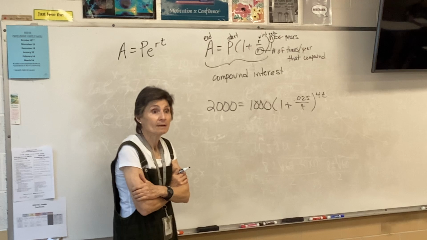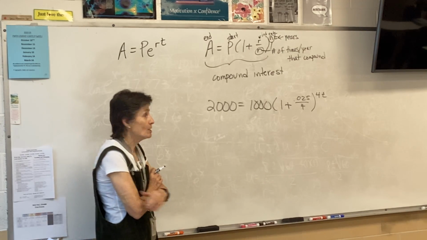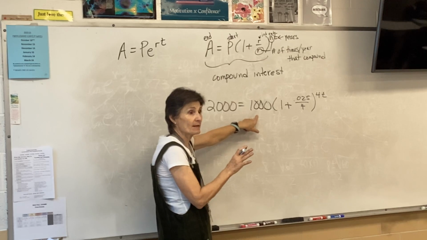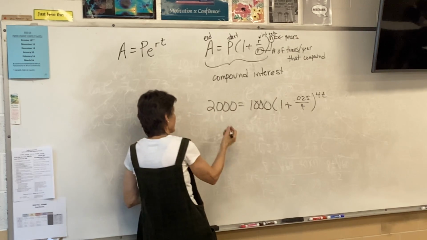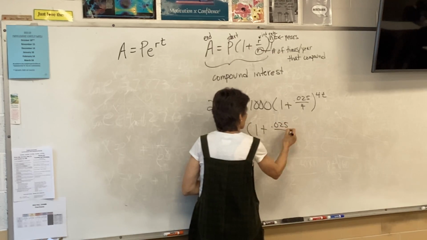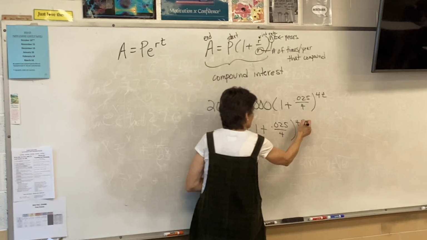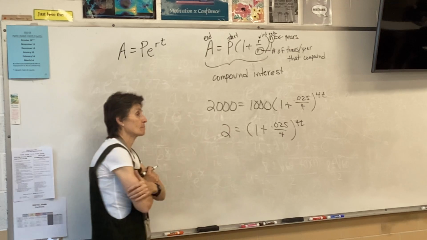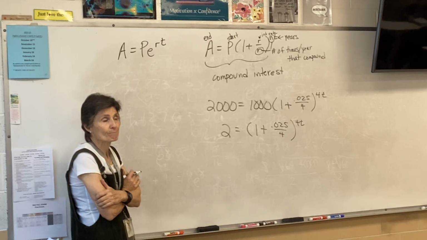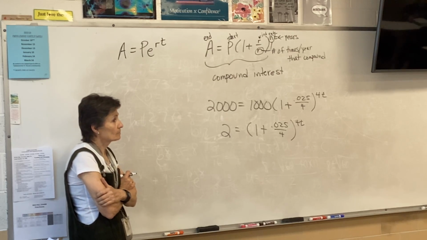Divide by 1,000? Absolutely. You do not want this number hanging around. You're gonna get rid of that number. So in this case, it's super simple. I'll divide it 2. Now what do you think? Anya?